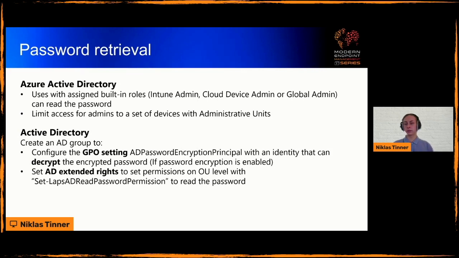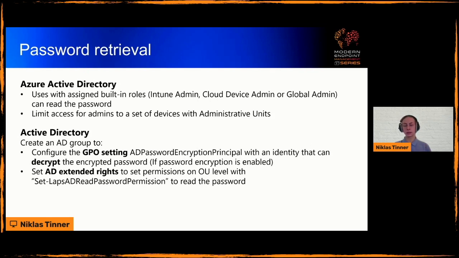For AD, we typically configure an AD group, and here we have mainly two things that need to be done. On the one hand, we have the GPO setting, which is named the AD password encryption principal, which essentially means that there's a SID or a group or some identity that can decrypt the encrypted password of the LAPS credentials.